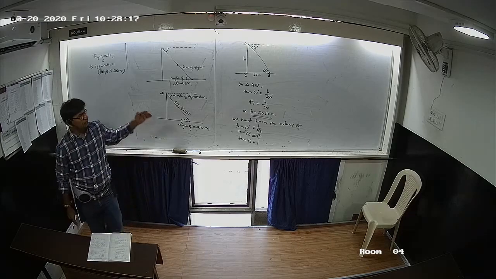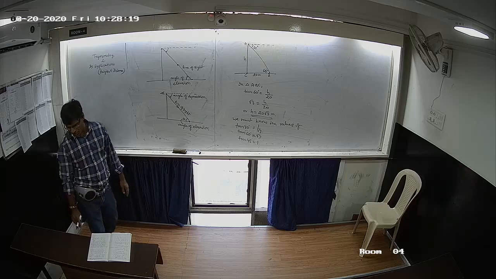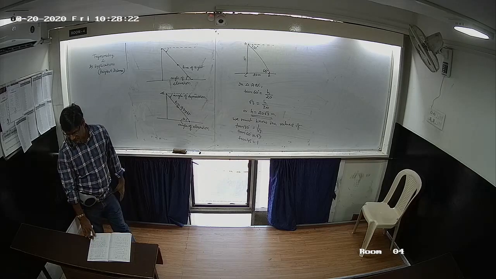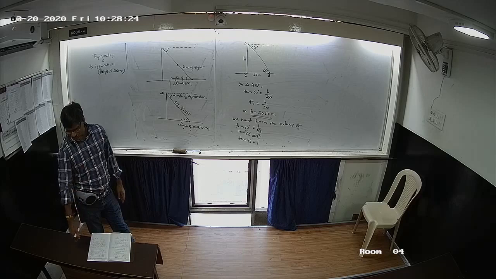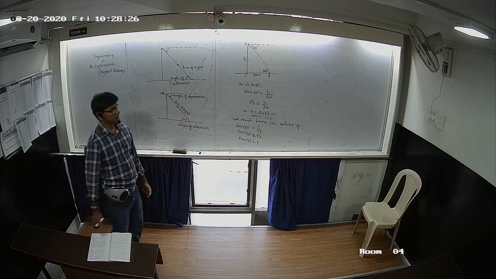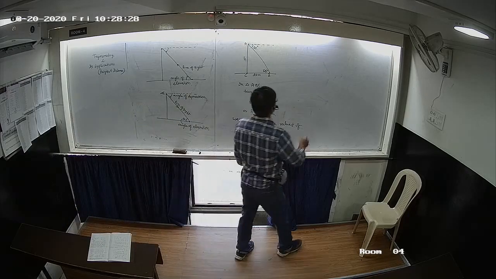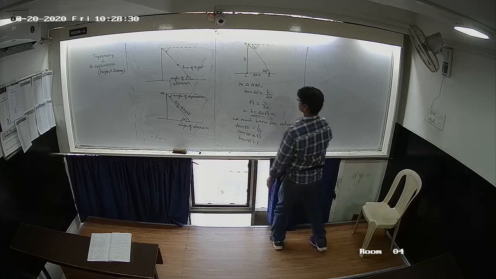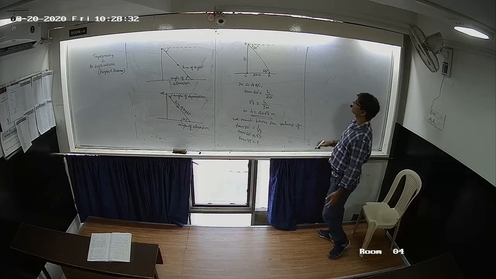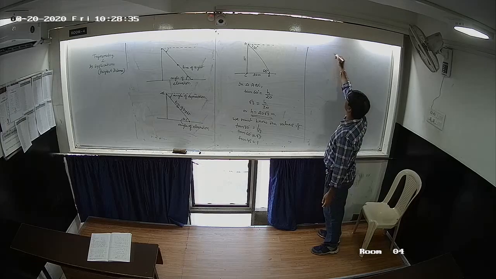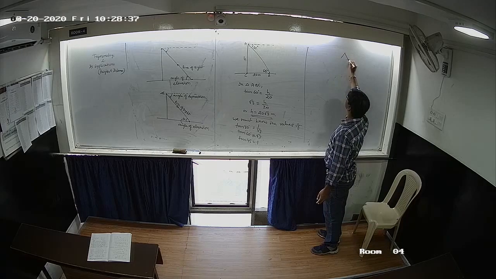If the string of a kite is 100 meters long and it makes an angle of 60 degrees with the horizontal, then find the height of the kite. Suppose there is a kite here flying. This is the kite.